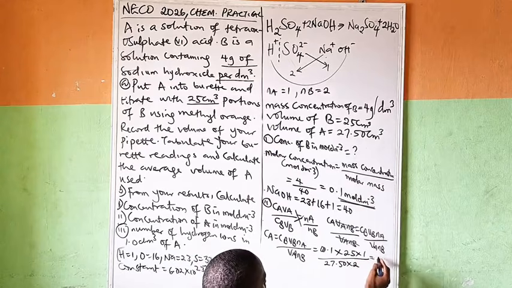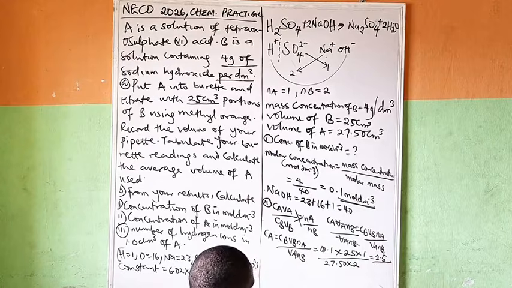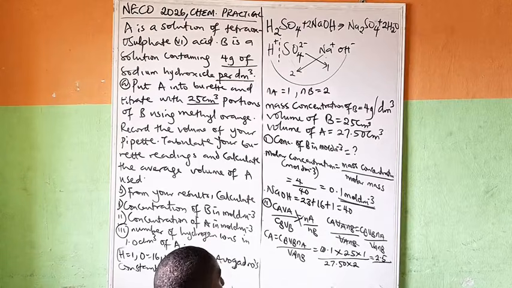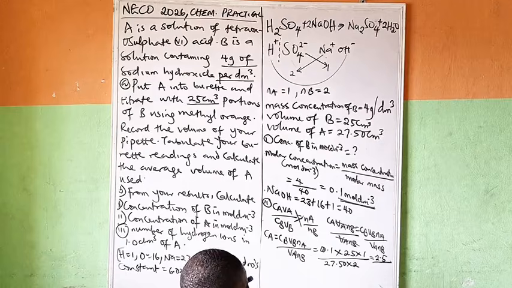So this is going to be 2.5 divided by 55, because 27.5 multiplied by 2 gives us 55.